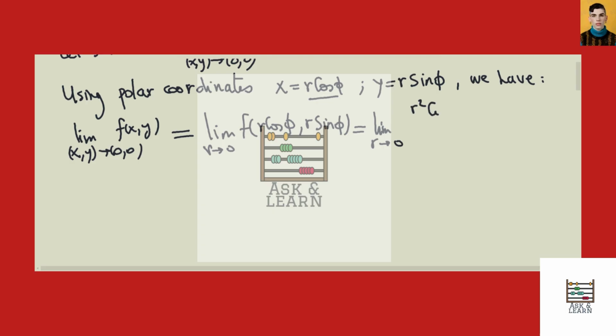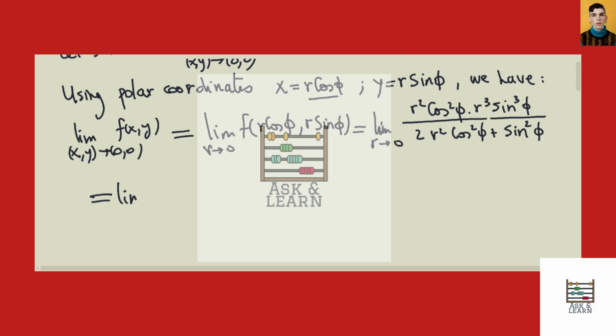r squared cosine squared phi, times y cubed, that is r cubed sine cubed of phi, over 2x squared, that is r squared cosine squared phi, plus y squared, that is sine squared of phi.